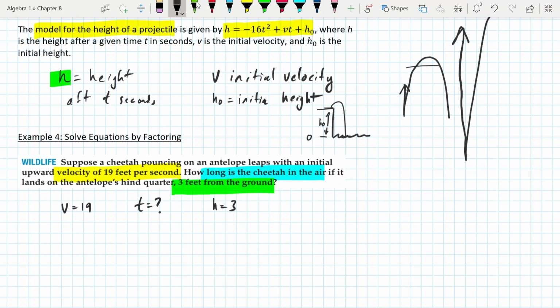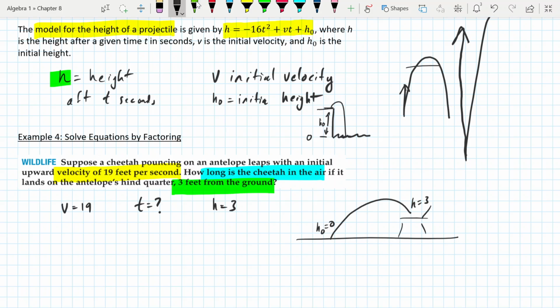Well, it doesn't describe it, but imagine a cheetah running, jumping and landing on an antelope. It's not telling me it's jumping from a big cliff or a tree or something like that. It's jumping from the ground. So the initial height is 0, but the ending height is 3. It's 3 feet from the ground.